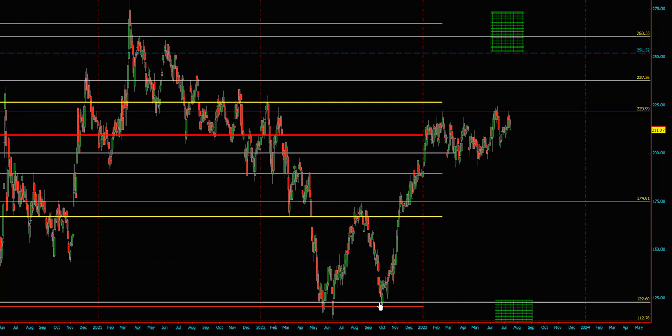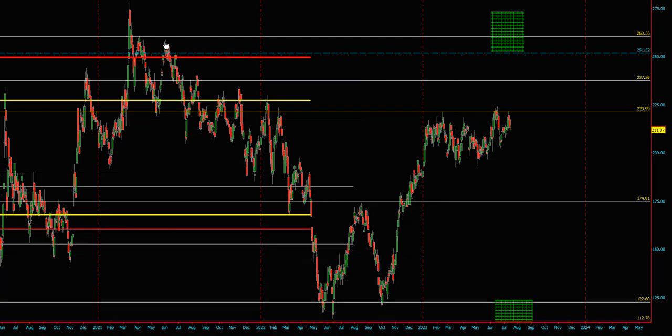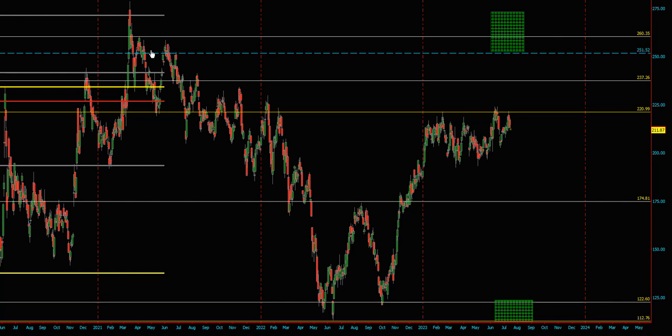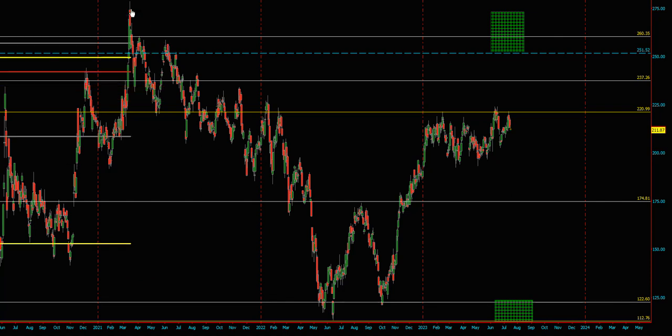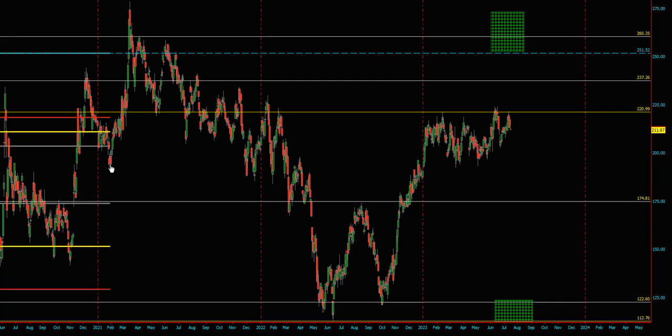Okay, so this tool. Now as I said, we need to understand the key frequencies, because this is converting energy and frequencies into price targets.